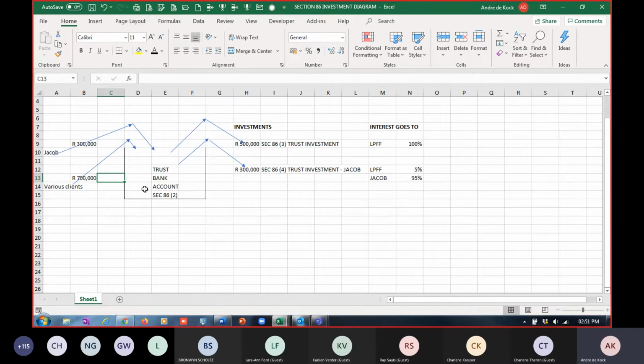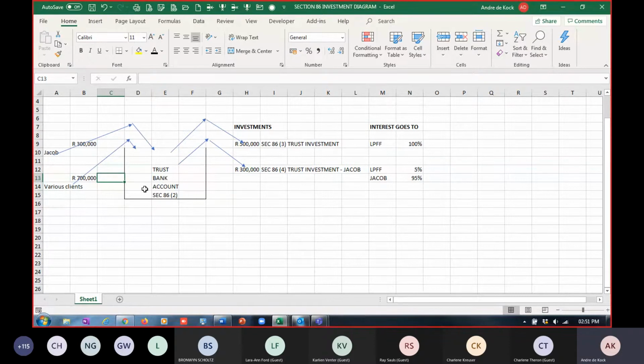What are the benefits that I get from the Fidelity Fund? My trust bank charges I can claim back from the Fidelity Fund. Also, my trust books have to be examined by an auditor, and the fee that that auditor charges me, I also can claim back from the Fidelity Fund. Plus, what does the Fidelity Fund do for me?